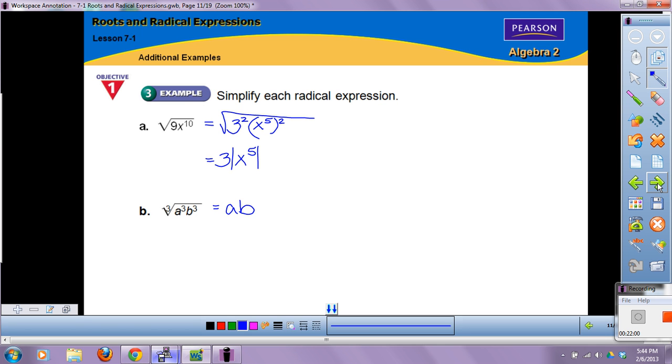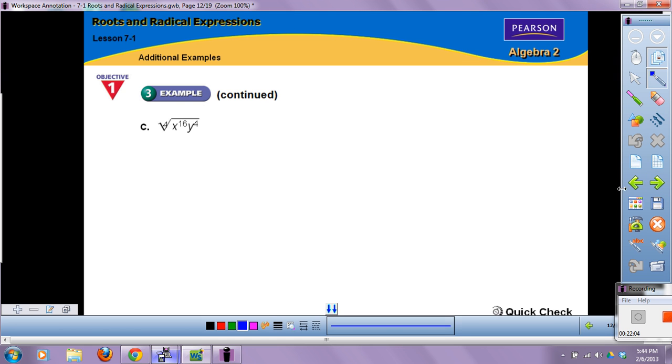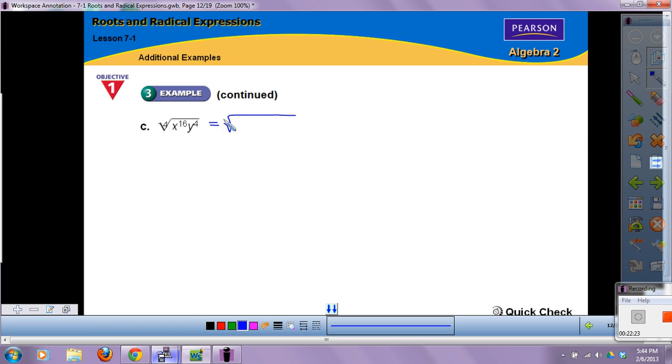Okay, we have one more to do together, and then you're going to do your quick check. So 4th root, that's an even root, which means we do have to worry about those negative numbers. There can't be any negative numbers under our radical, because we can't take an even root of a negative number. So that's where we do have to worry about those absolute value signs. So I'm going to rewrite this as the 4th root of x to the 4th to the 4th. 4 times 4 is 16.